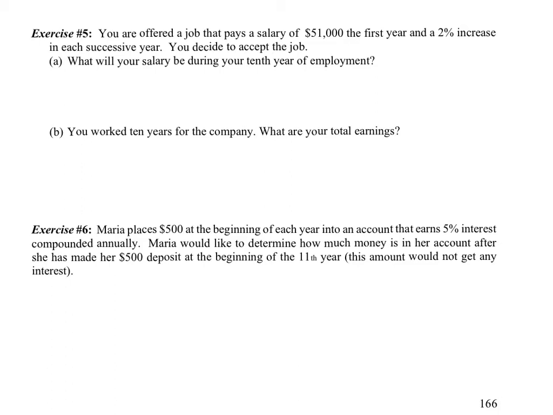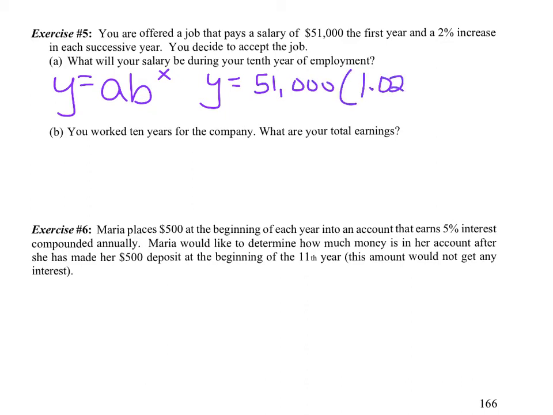Honestly, I would use a basic exponential. Remember this? So I would do y equals 51,000 times 1.02 to the power of 10. Whoa, where did that come from? Remember, a is the initial amount, and then b is 1 plus my rate, or 1 minus my rate if it was subtraction.